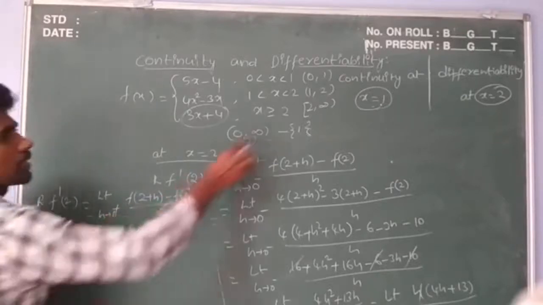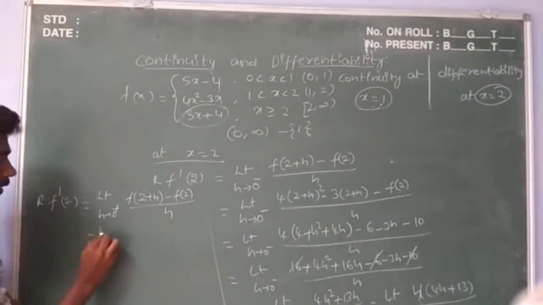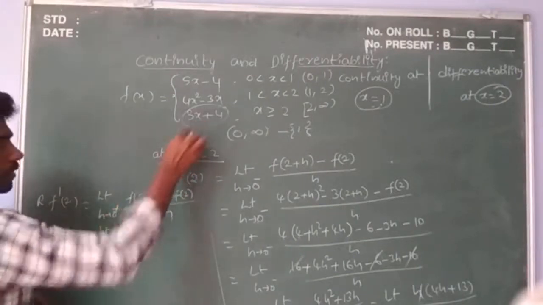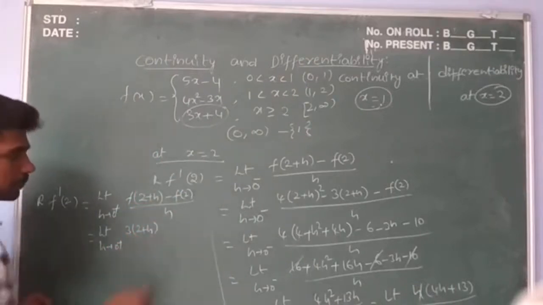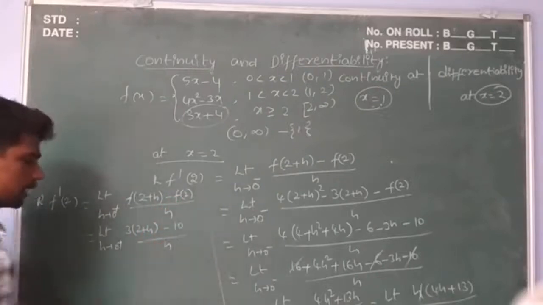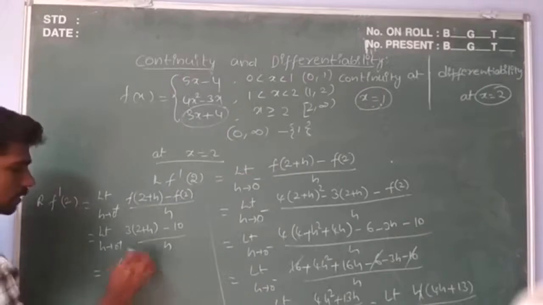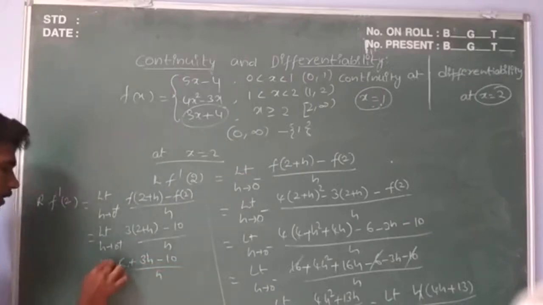For this the function is defined as 3x plus 4. So we get limit h tending to 0 plus, substituting 2 plus h in place of x, 3 into (2 plus h) plus 4 minus f of 2, 10, by h. So we get 6 plus 3h plus 4 minus 10 by h, limit h tending to 0 plus.